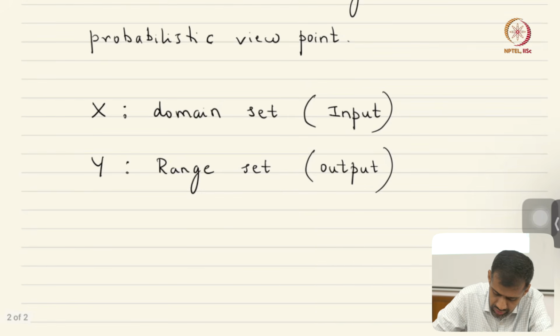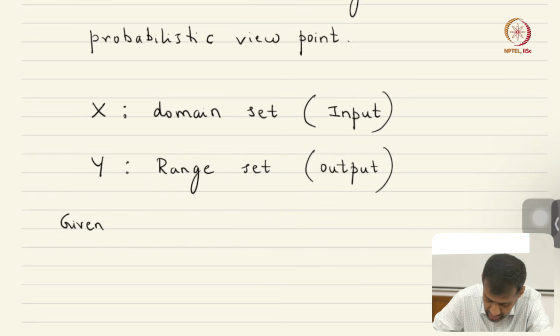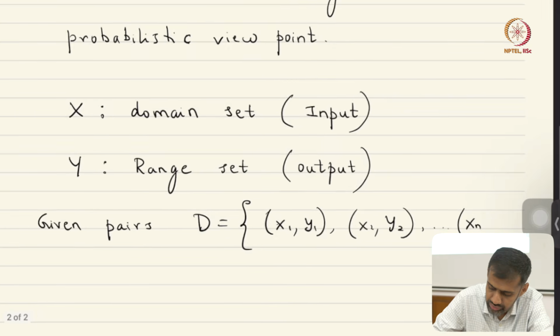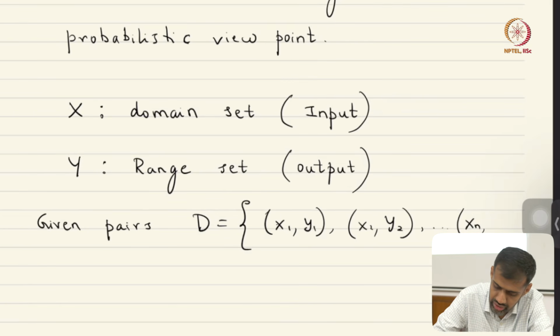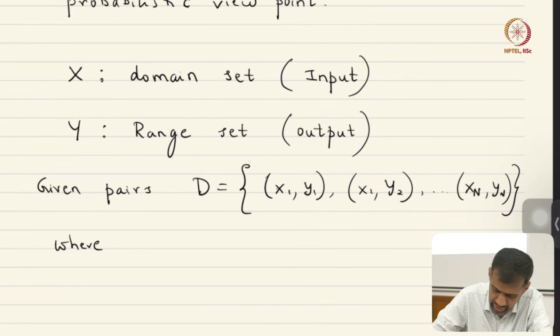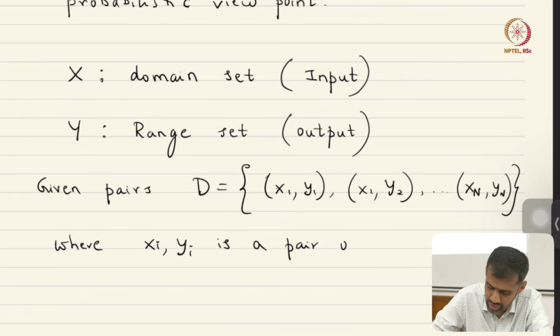So what is given are pairs or tuples of this sort. Let us call this another set where you have points of this sort: x1, y1 and x2, y2, till xn, yn. Let's use uppercase here, where xi, yi is a pair of observations.